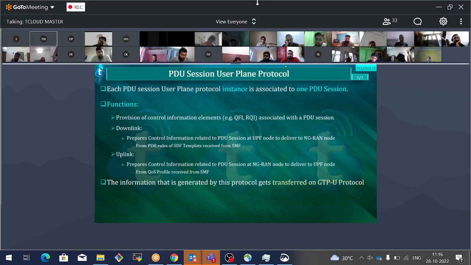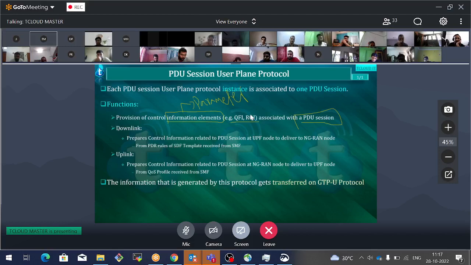We can simply call it a protocol parameter. But in 3GPP terminology, any protocol parameter we call an information element, a fancy name. So it decides the settings that are associated with the PDU session.